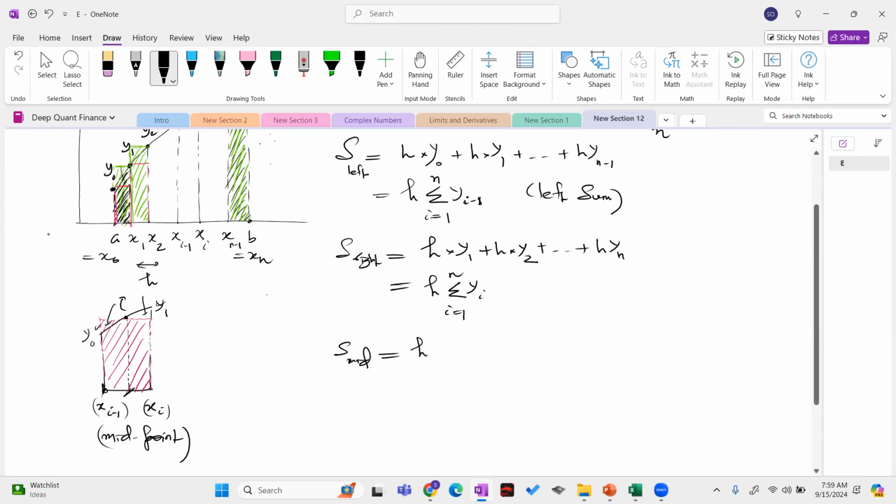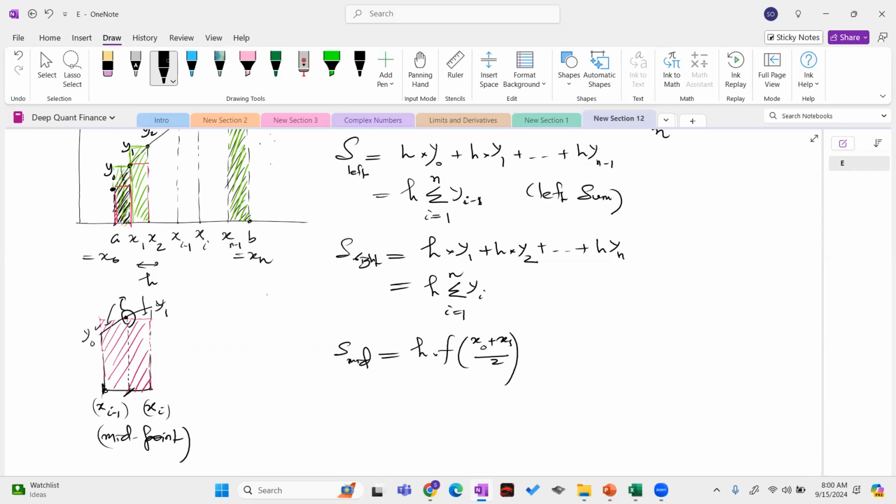First, you take the midpoint of x of that region, and then evaluate the value of the function at x mid. That becomes the height of the rectangle. Small difference. So it will be h times the function evaluated at x0 plus x1 by 2. It's not y0 plus y1 divided by 2.